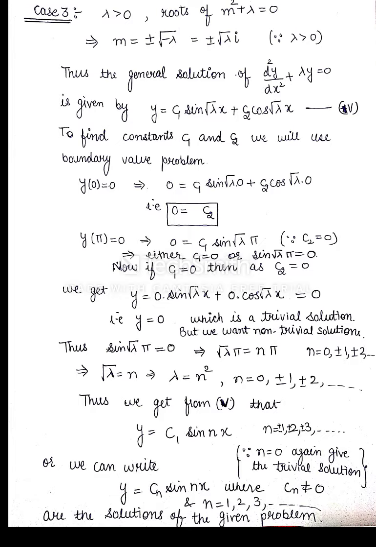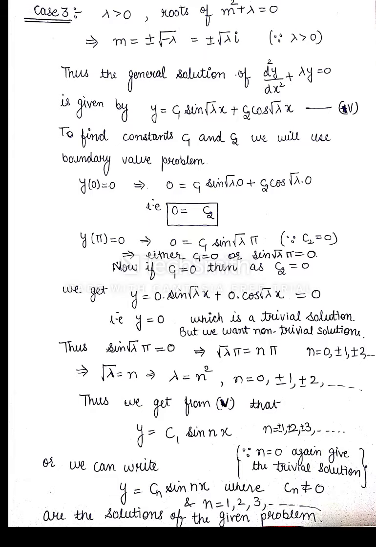Now we have to find the value of c1, and for this we use the next boundary condition. The next boundary condition is y at pi is equal to 0, and with this boundary condition we get 0 = c1 sin(√λ π).